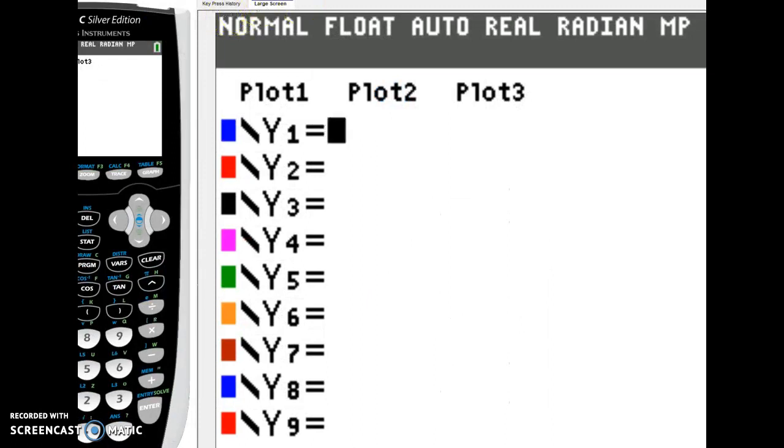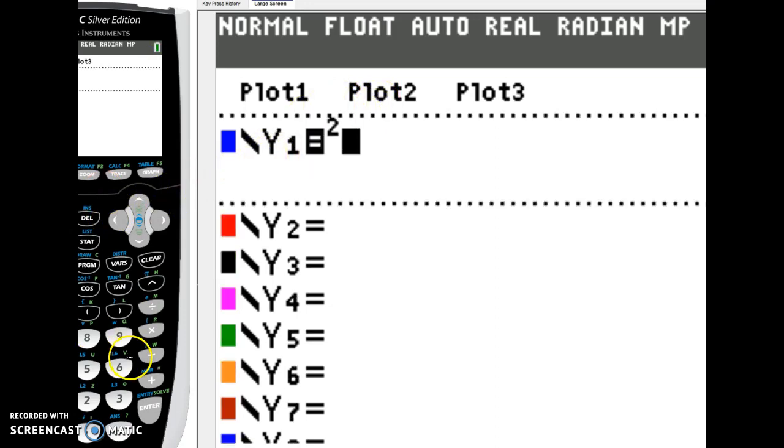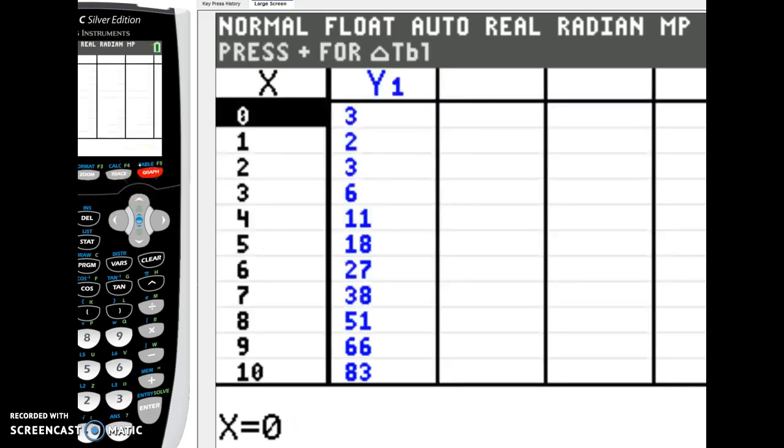Let's go to y equals, and plug in our equation: y equals x squared minus 2x plus 3. Then to look at the table, I'm going to hit second and table, and look at my values.